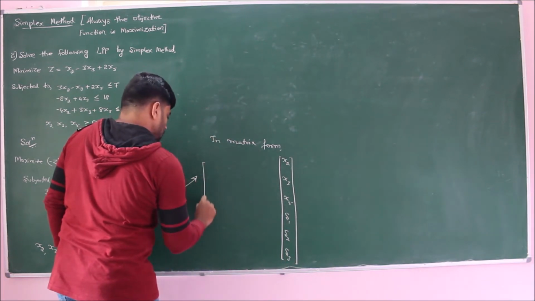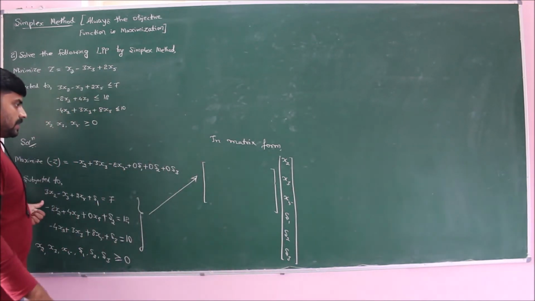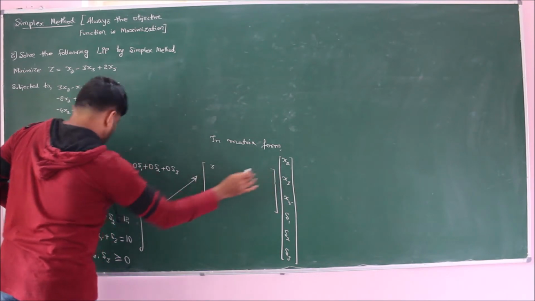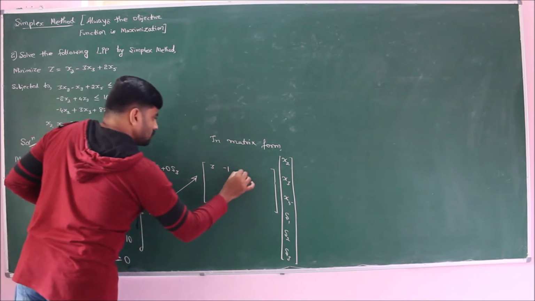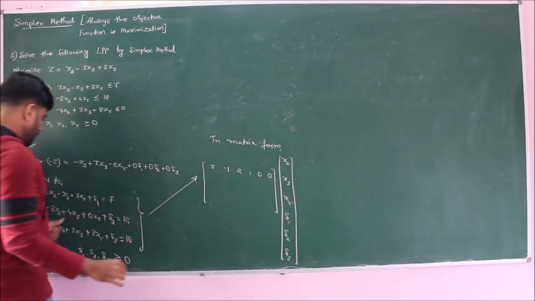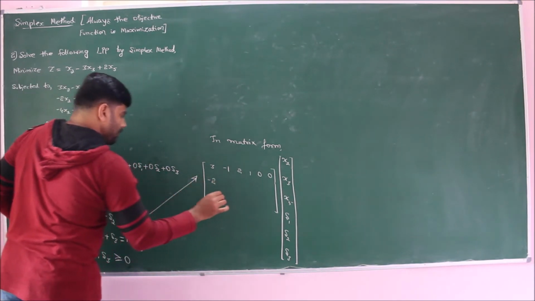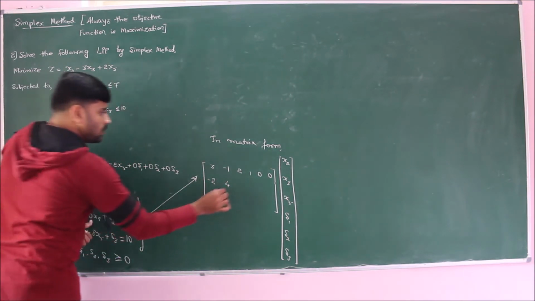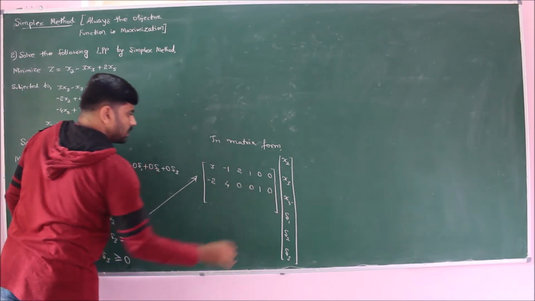Now writing the linear equations, for the first equation, the coefficient of x2 is 3, coefficient of x3 is -1, x5 is +2 and s1 is 1, we don't have s2 and s3. For the second equation, the coefficient of x2 is -2, x3 is 4, x5 is 0, s1 is 0, s2 is 1, we don't have s3.